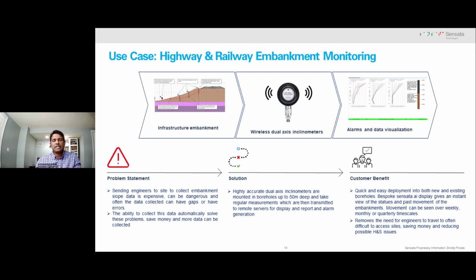Over weekly, monthly, or quarterly time scales, we can look at how much the slope is moving, and it removes the need for engineers to travel to these difficult to access sites, saving money and reducing the health and safety issues as well. We provided more frequent and comprehensive data, allowing remedial work to be done in a more targeted and cost-effective way for this customer.